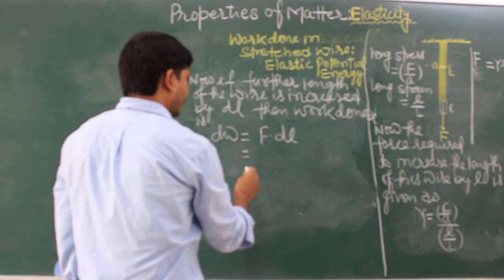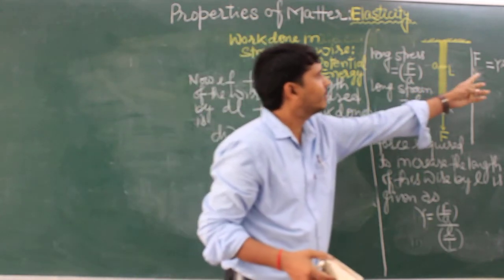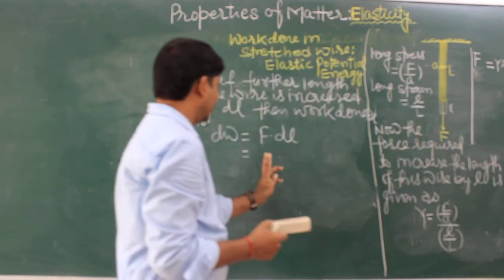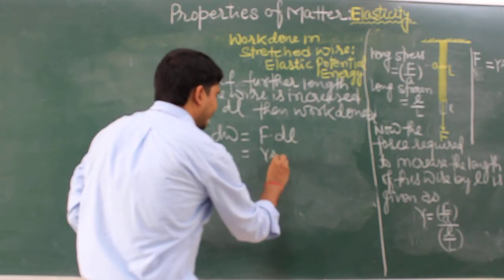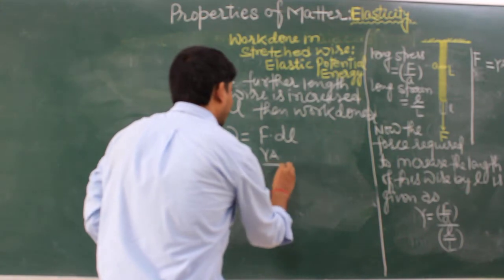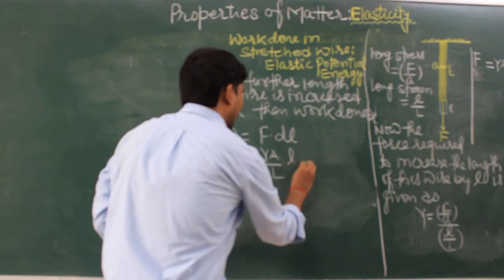Now the value of F can be written from here. So F equals Y times A by L into l dl.